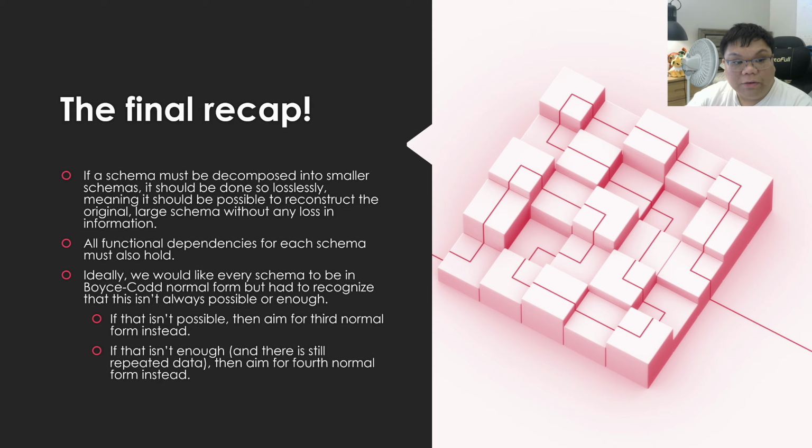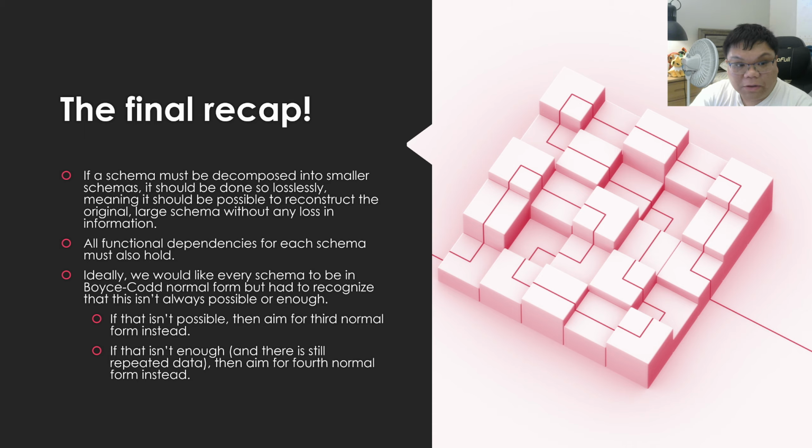That's number 1. Number 2, all functional dependencies for each schema must also hold. If you have a schema and a functional dependency that involves 4 attributes, but your schema only has 3, that functional dependency no longer holds on that schema. So you want all your functional dependencies to hold.